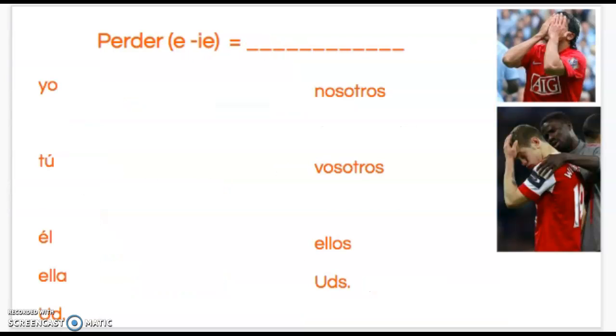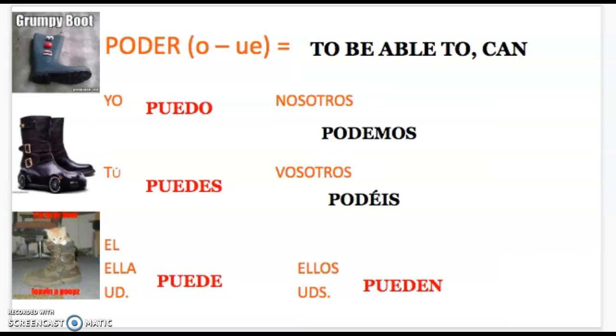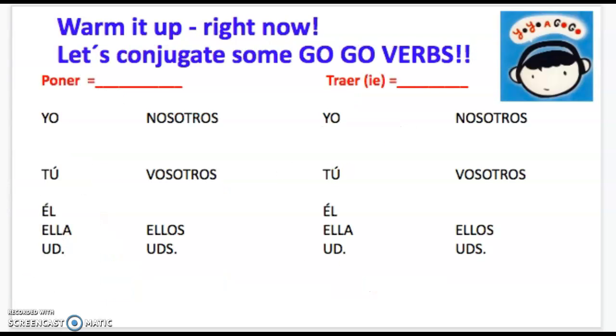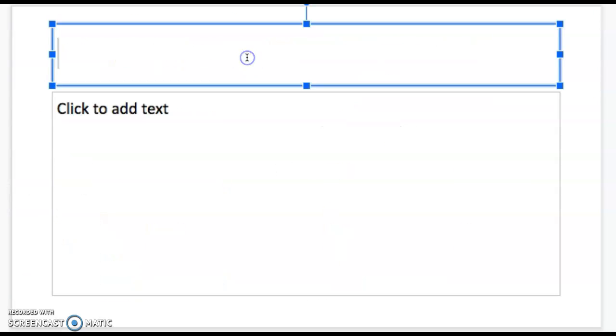Let's see. Why don't you give a couple a shot? I'll put this on pause. Why don't we do pensar? Okay, let's do pensar. Pensar is an E to IE, and it means to think.